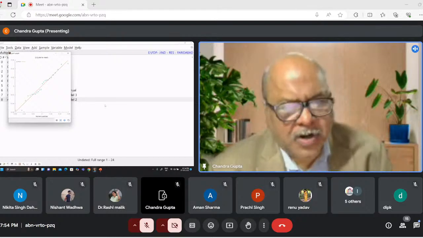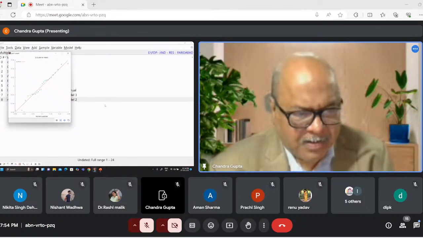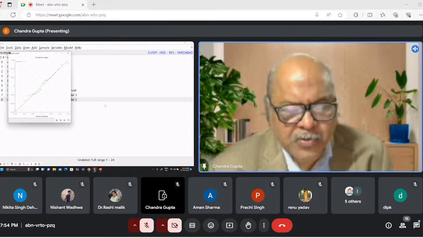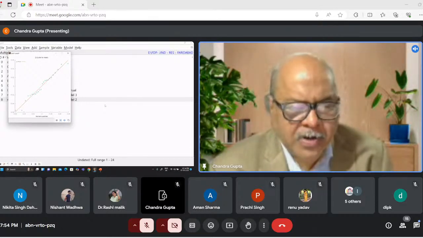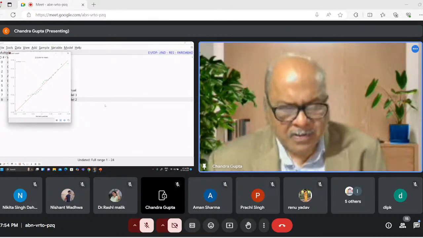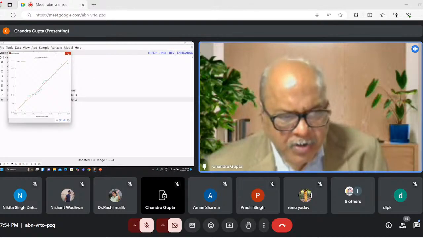So if all dots are not on the line, that shows the distribution is not a normal distribution. We can make a histogram also.